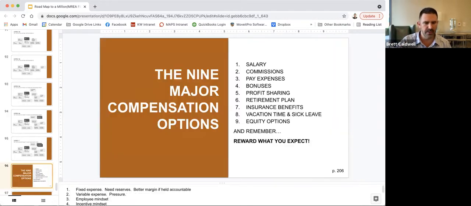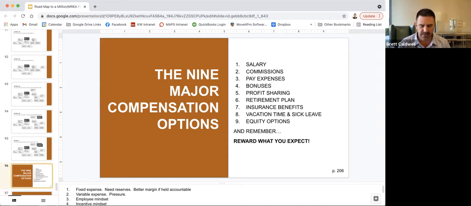So the next thing that I want to make sure we covered is 2 more slides. One is, how do you pay people? Paying people is complicated, and it's confusing as we're all trying to learn how to compensate people we get into business with. Salary makes sense, but what I would tell you about salary is it's a fixed expense.